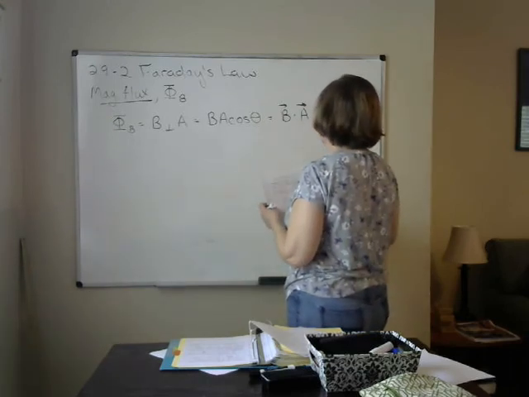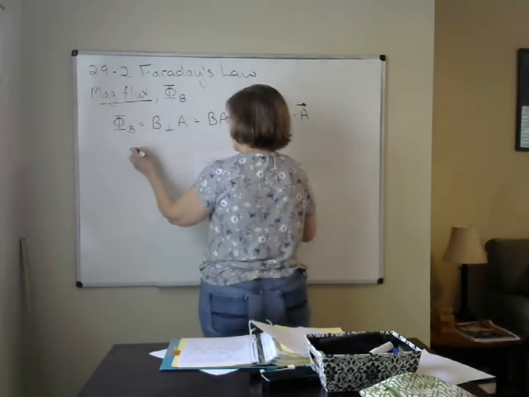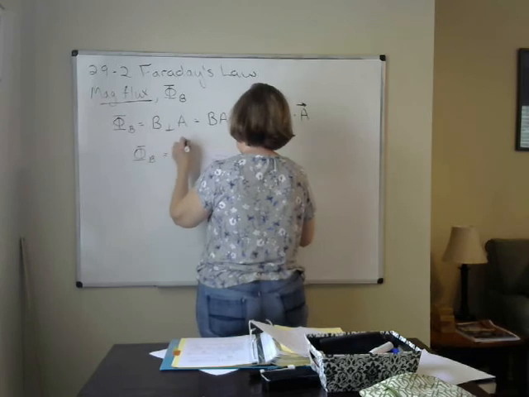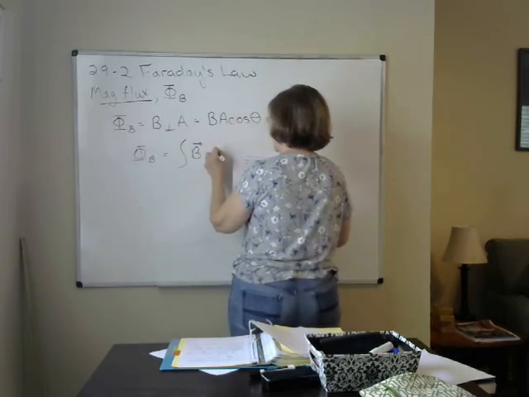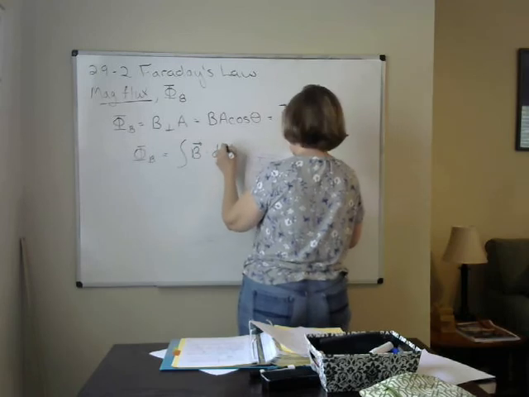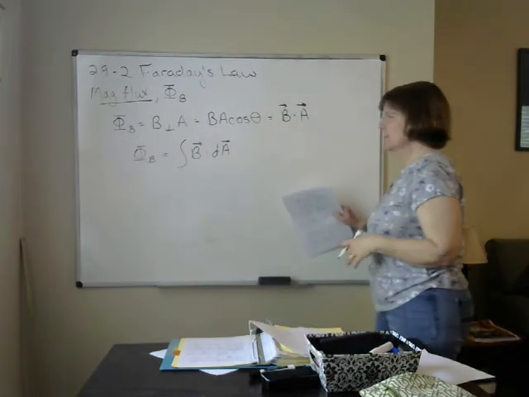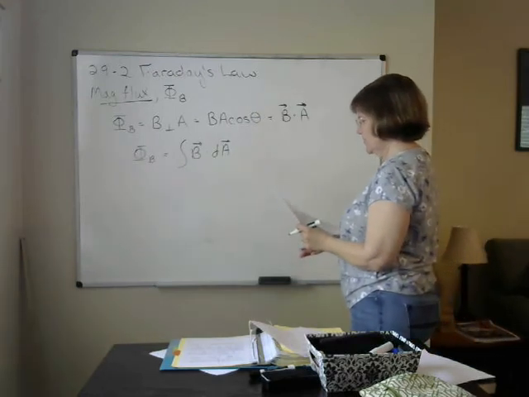If it's not just a simple area, we can rewrite this in integral form, in which case it's the integral of the magnetic field over all these little infinitesimal areas. If we're not dealing with a flat area, we might have to take that into consideration. Good.